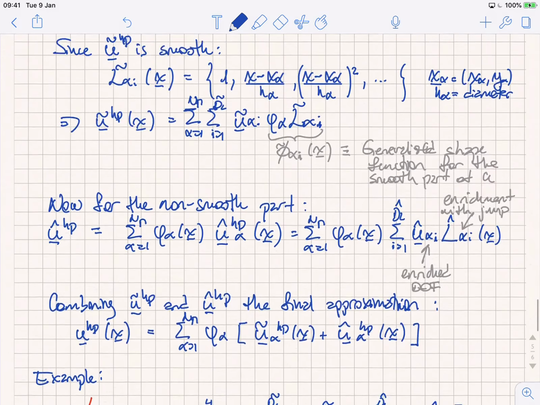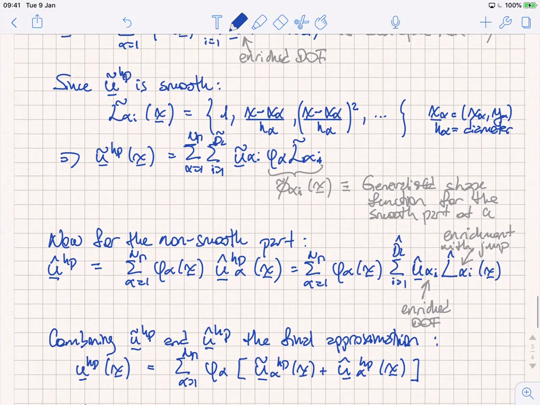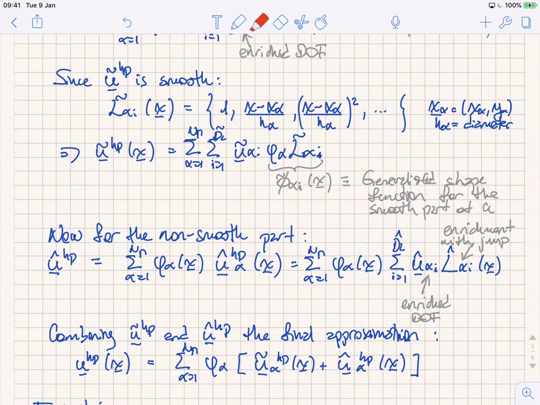So if I look back at this equation here, and I say, well, those are the enrichment functions that I'm going to use to represent the smooth part, right? And I want in the end a solution that is going to be linear. So what enrichment function do I choose from that list? 1. Exactly. So that is the first one.